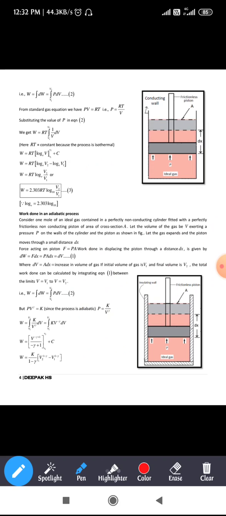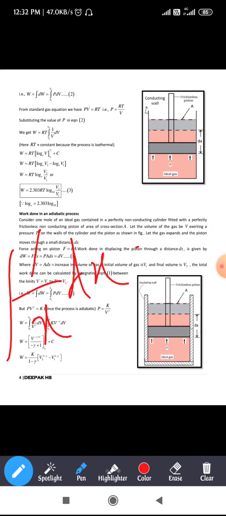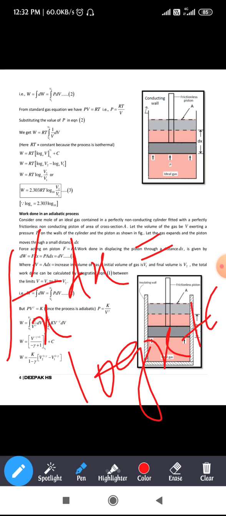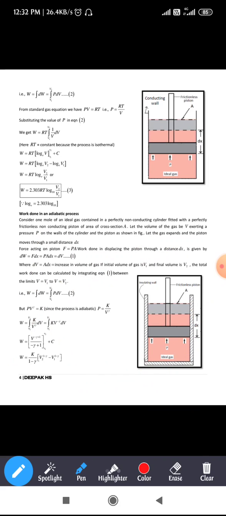The integration of 1 by x dx is log x plus C. The same applies to 1 by V dV, it will be log base e V plus C.